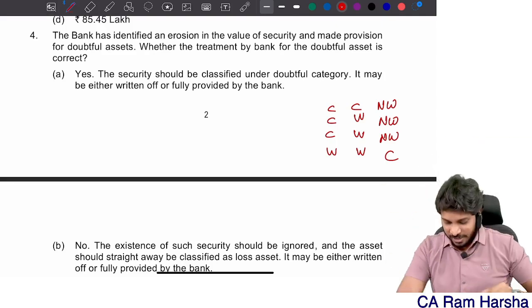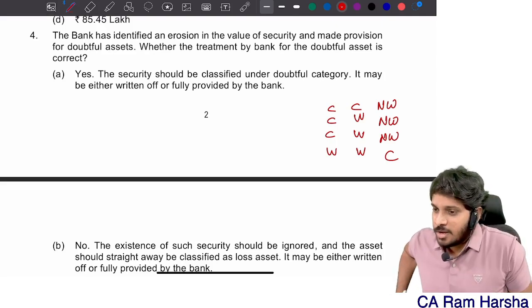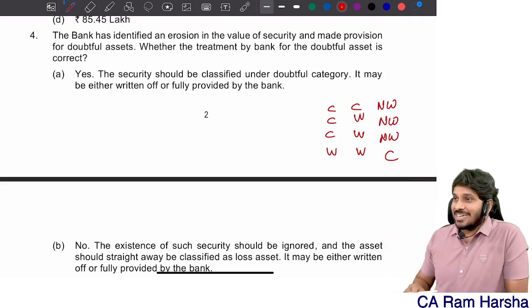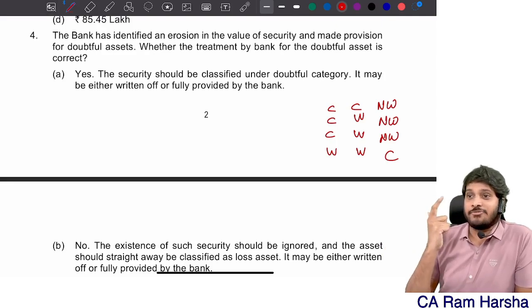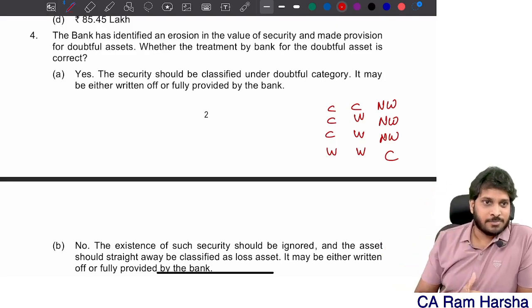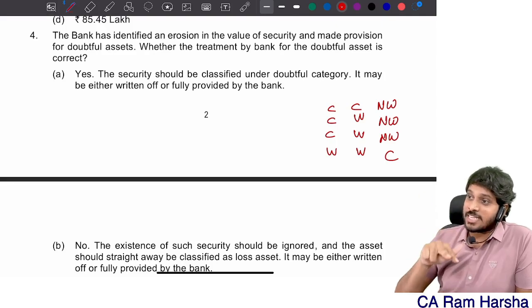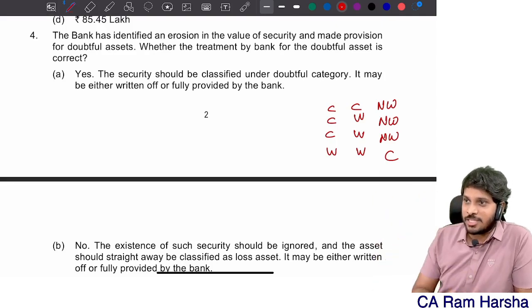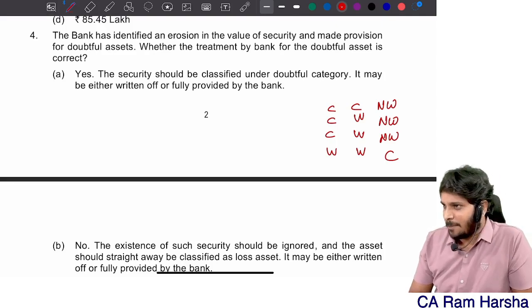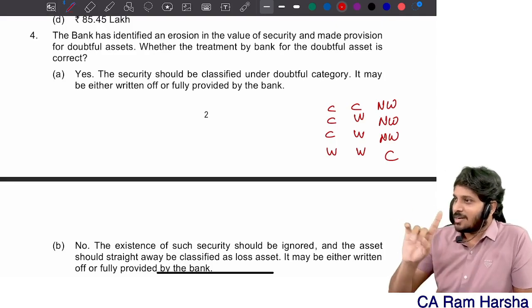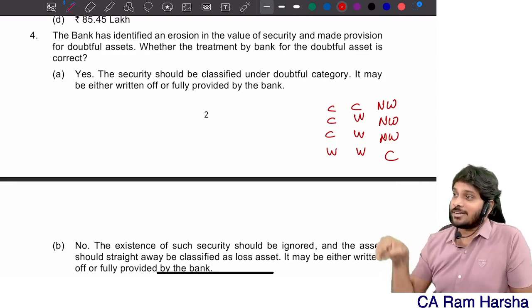For example, auditor has to do risk assessment procedures, option A. Auditor has to do further audit procedures, option B. Auditor has to do both risk assessment procedures and further audit procedures, option C. Now tell me, option A, auditor has to do risk assessment, is it wrong? It's not wrong. Option B, not wrong, but option C is more right.